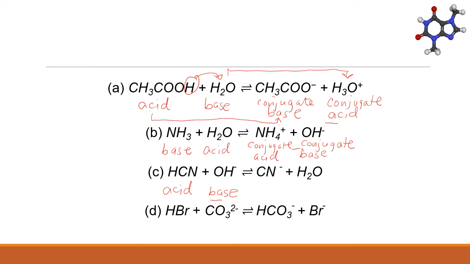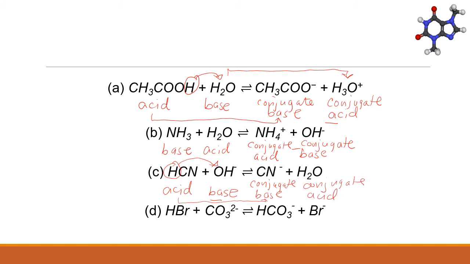So let's go to letter C. HCN donated its hydrogen to hydroxide ion. So this must be the conjugate base or whatever was left of that reaction, which makes water here the conjugate acid.